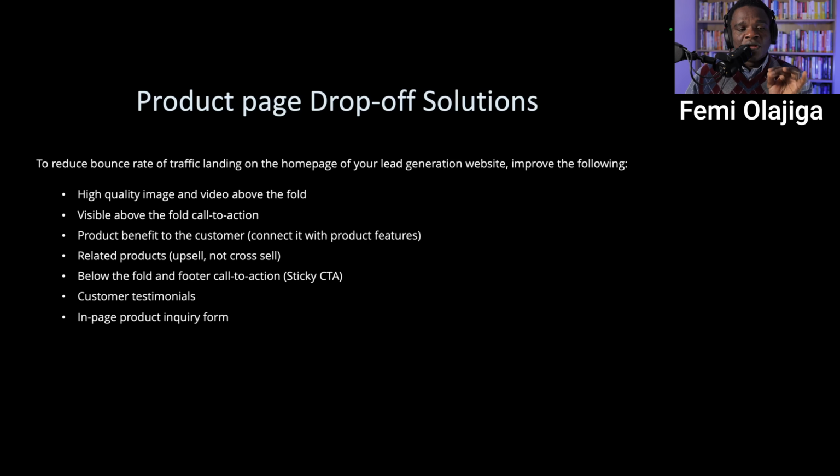Forms on your product page is bound to increase form completion because people will fill out that form without the need to go to your form page. And if you're getting traffic spillage from other parts of your website that arrive on your product page or even your home page, if they are presented with a form, they do not need to click away from that page to fill out that form.